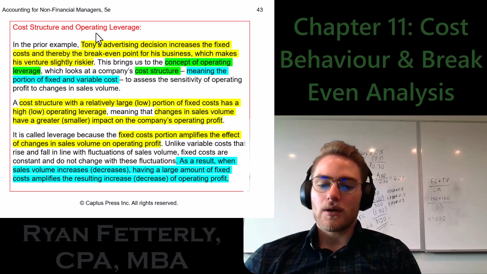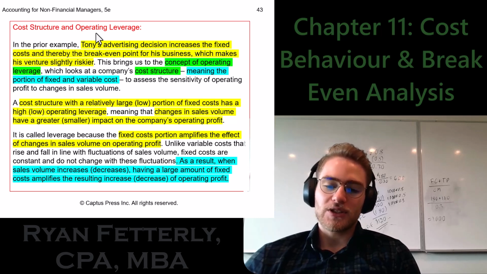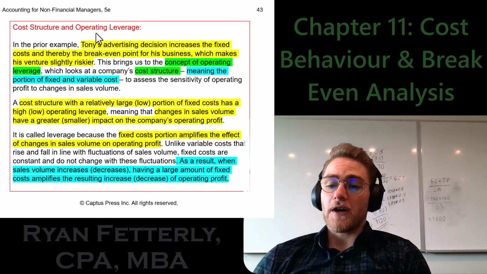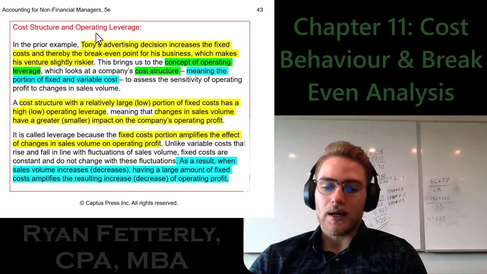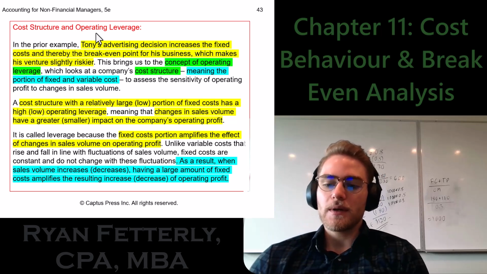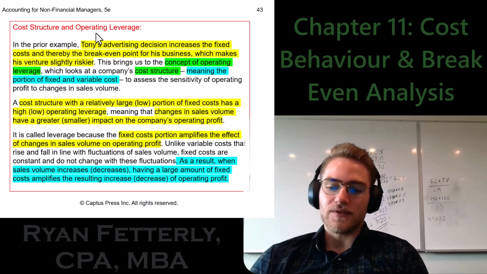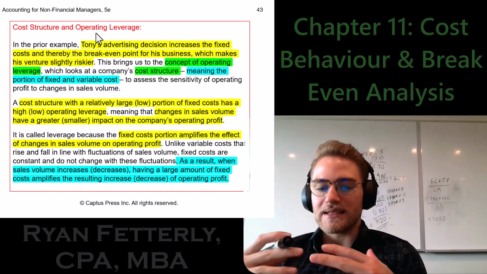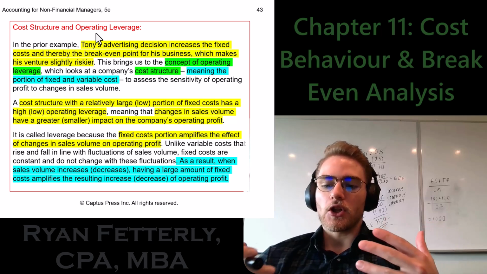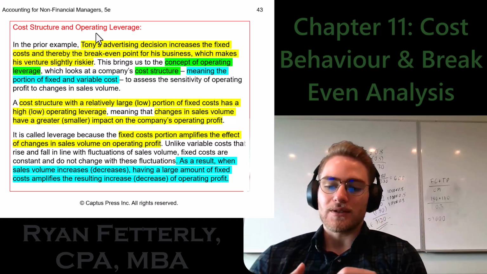It is called leverage because the fixed cost portion amplifies the effect of changes in sales volume on operating profit, unlike variable costs that rise and fall in line with fluctuations of sales volume. Fixed costs are constant and do not change with these fluctuations.